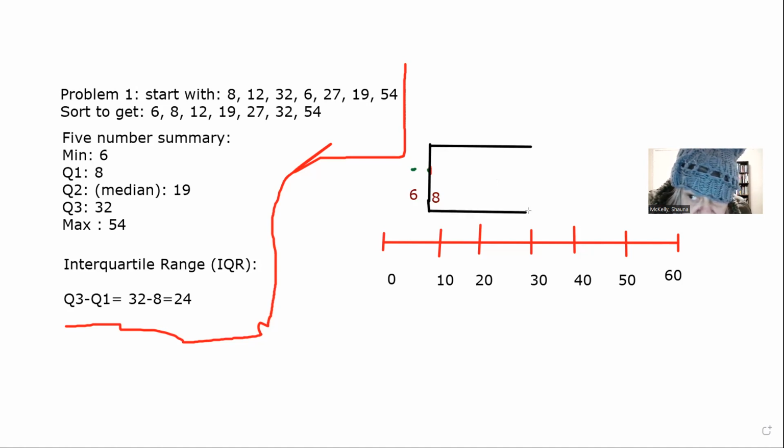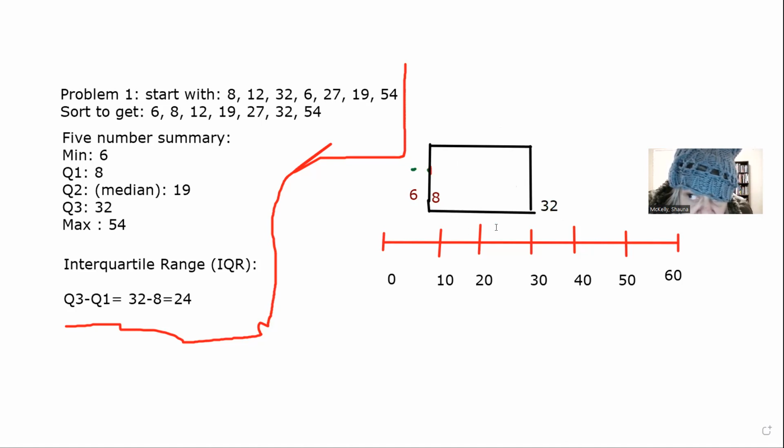Now this side of my rectangle right here is 32. This is 32. So I'm going to make a note here among the text box and write 32 there.